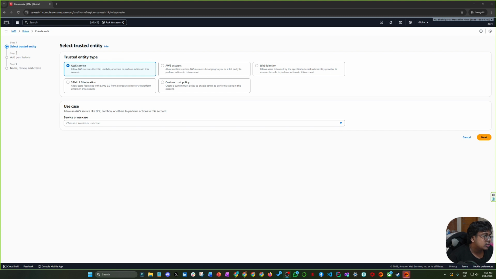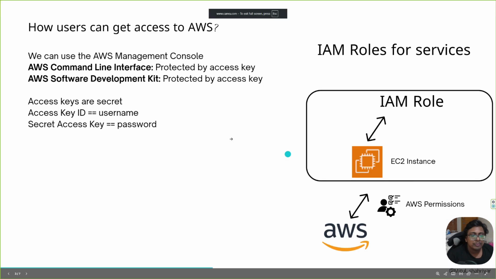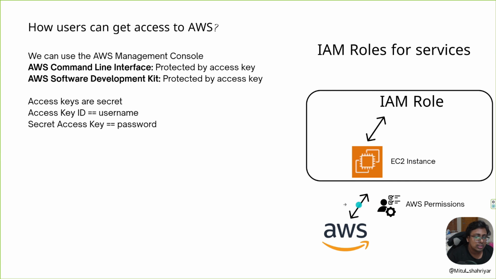You can see you can create a role for an AWS service, AWS account, web identity, SAML 2.0 federation, or custom trust policy. But our main goal is to create a role for an AWS service. To verify, the EC2 instance is obviously an AWS service, so we want to create a role for this AWS service.